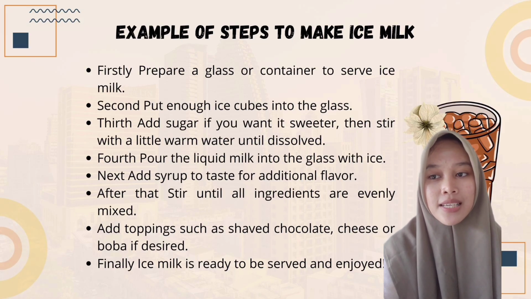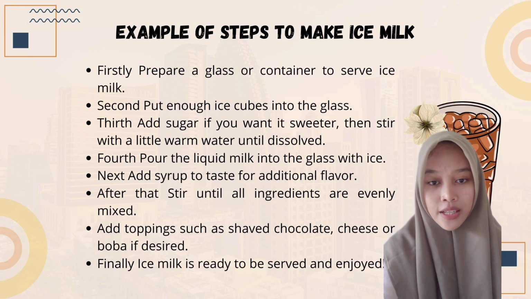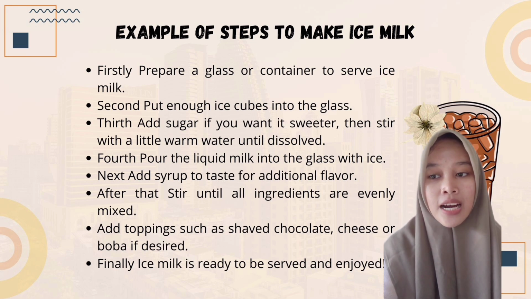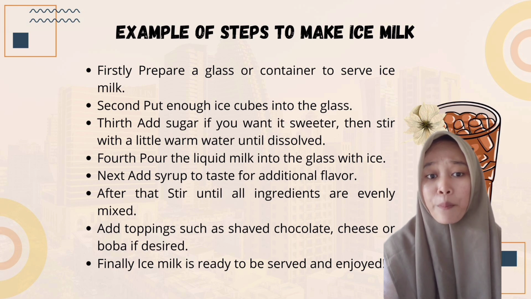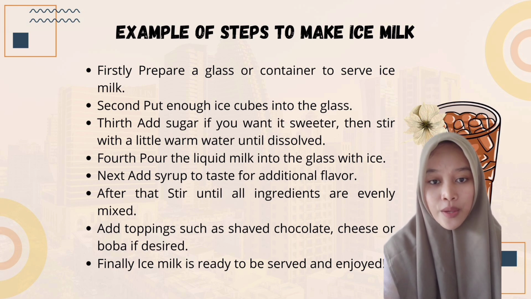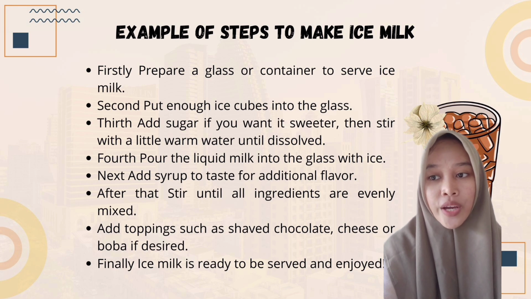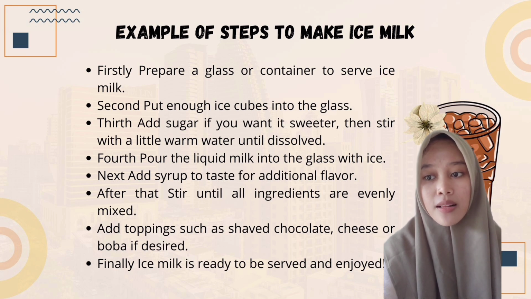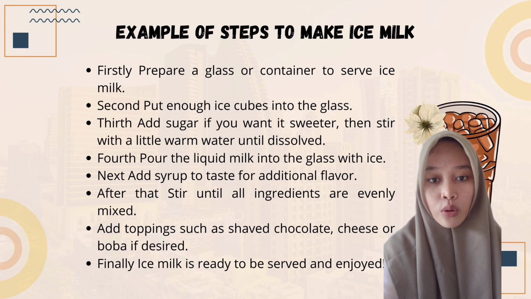For procedure text, there is an example of steps to make iced milk. How to make iced milk? The first is you can prepare a glass or container to serve iced milk. And the second is you can put enough ice cubes into the glass. And the third is add sugar if you want it sweeter, then stir with a little warm water until dissolved.